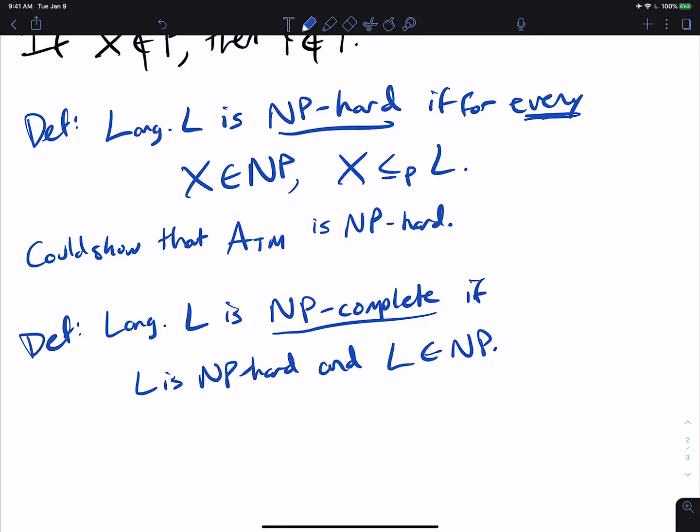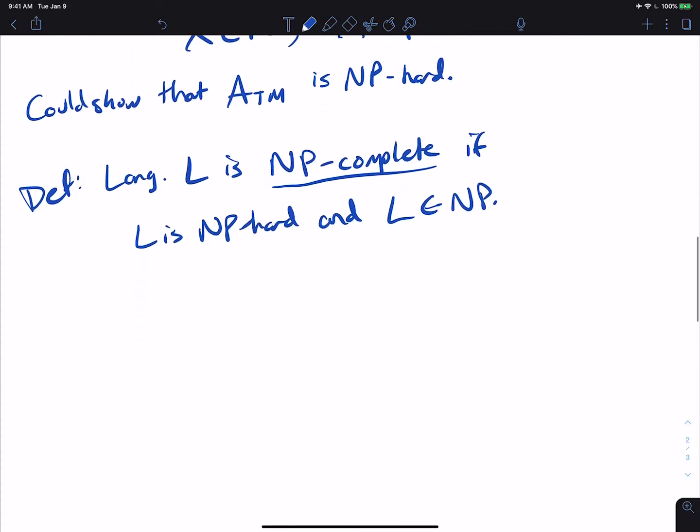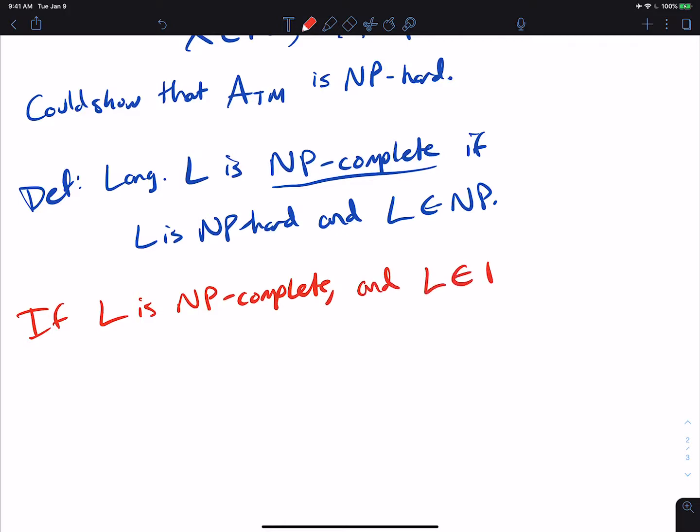So if we can find an NP-complete problem, let's just make a simple observation here. If a language L is NP-complete, and we find for whatever reason that L is in P, in deterministic polynomial time, then that implies that P is equal to NP.